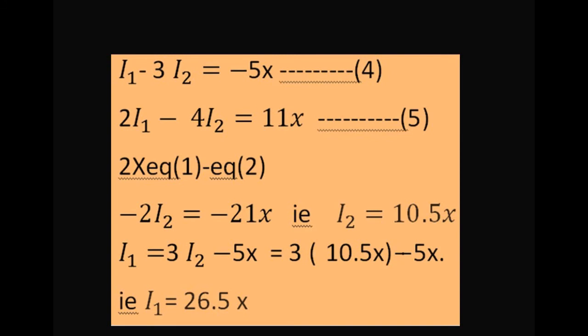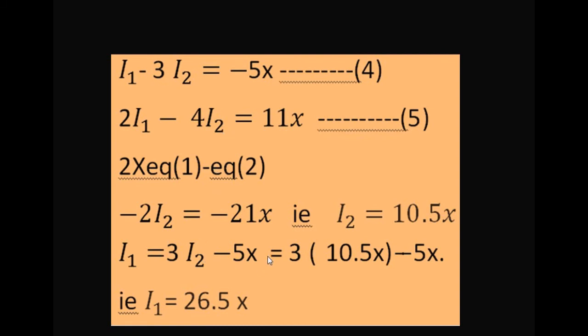Now you can substitute this value of I2 into any of these equations to get the I1 value. You can write I1 is equal to, taking 3I2 to the other side, plus 3I2 minus 5x.